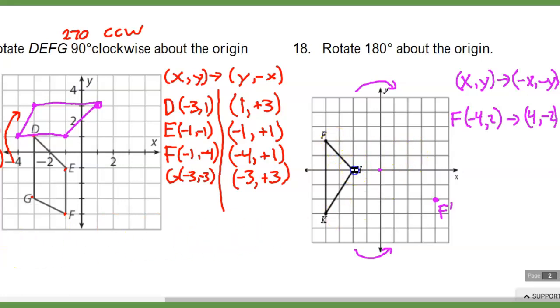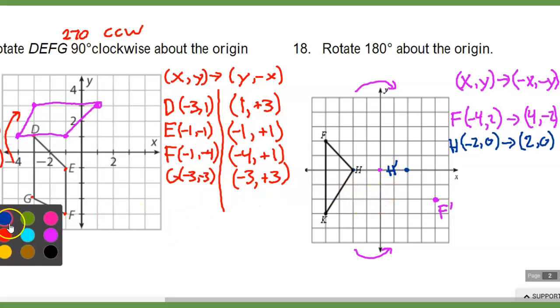Then we have H, which is negative 2 comma 0. This will translate to positive 2 comma 0, just on the other side. Here's my H prime. And then lastly, my K prime, which is negative 4 comma negative 3.